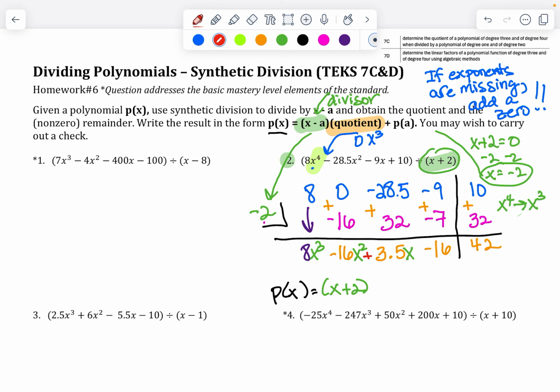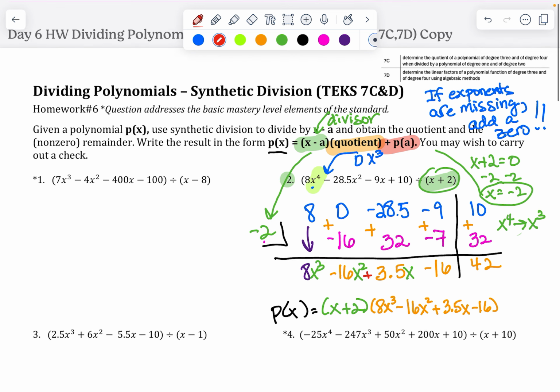That has a negative. So then write your quotient, which is 8x to the 3rd minus 16x squared plus 3.5x minus 16. Then they want you to do plus, and then what they have right here, that P of A, I'm running out of room.